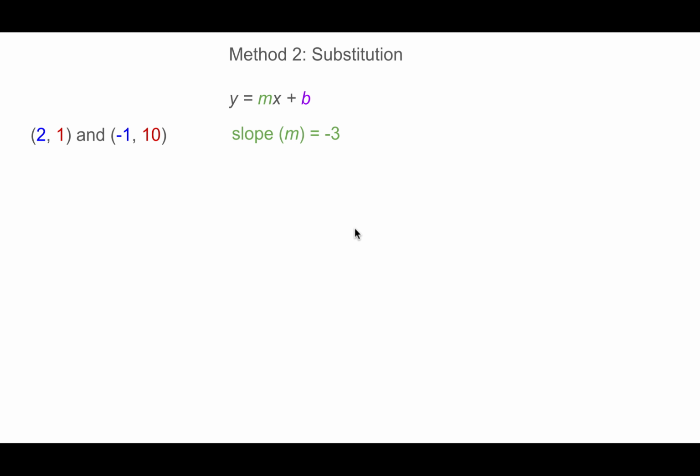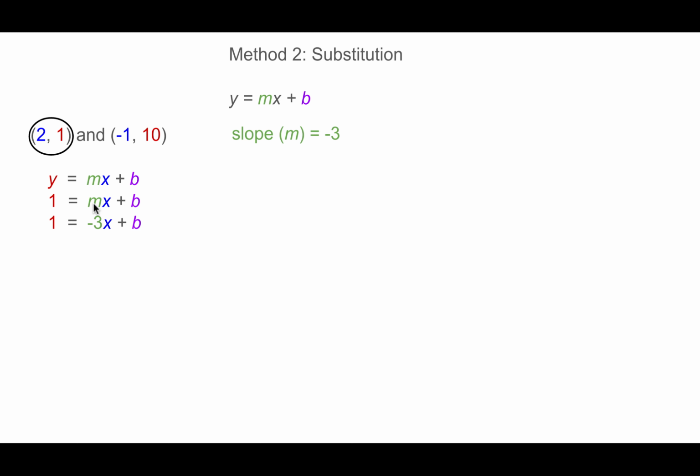Now that I know that my slope is negative 3, I need to figure out my b, or my y-intercept. Let's use the first ordered pair, (2, 1). Remember, 2 is my x and 1 is my y. So I use my slope-intercept form, y equals mx plus b. I replace my y with the 1.